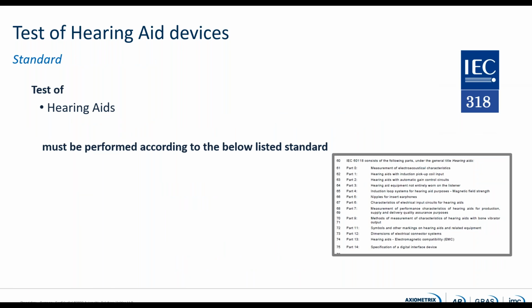Standards. When we are talking about tests, actually all types of tests, we have to look at the standard for the devices we would like to test. So when we are testing hearing aids, we do have some standards, and the standard of interest is the IEC 60118 when we are in Europe and Asia.